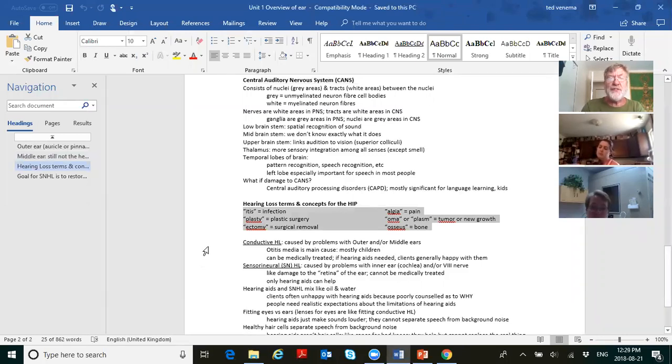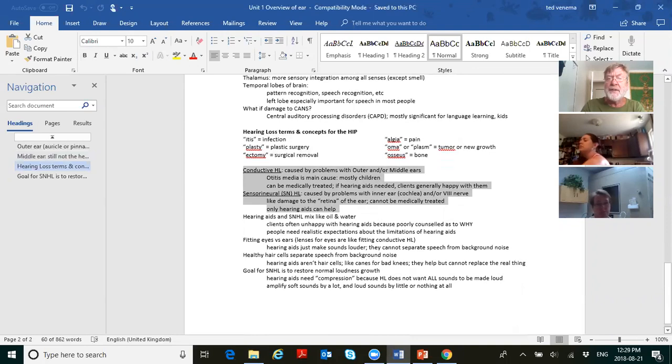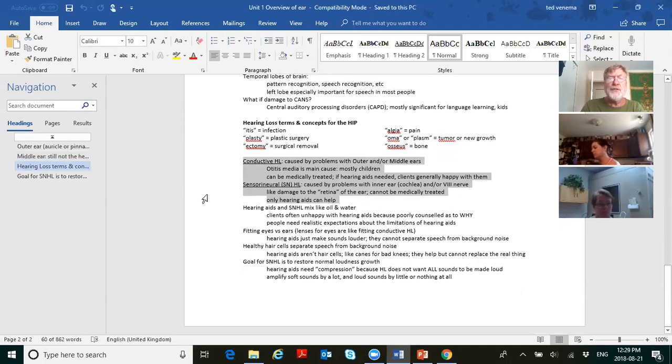Then you're going to see stuff here: conductive hearing loss, sensory neural loss. You already had that explained. Basically I just write here hearing aids and people fitting glasses versus hearing aids, just stuff we've talked about. This is just general kind of knowledge here. But I think we've covered enough for today.